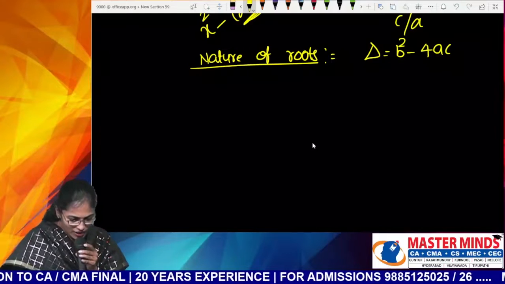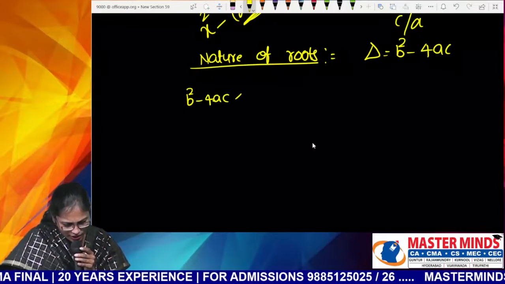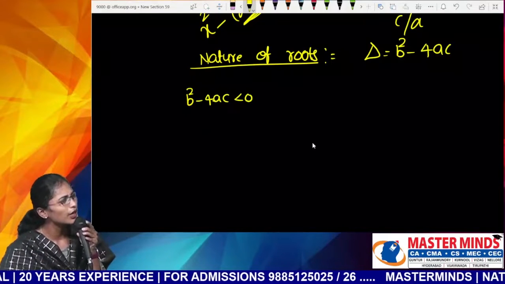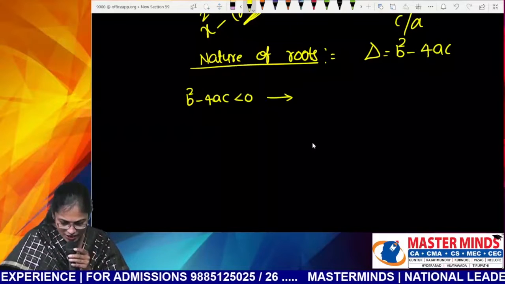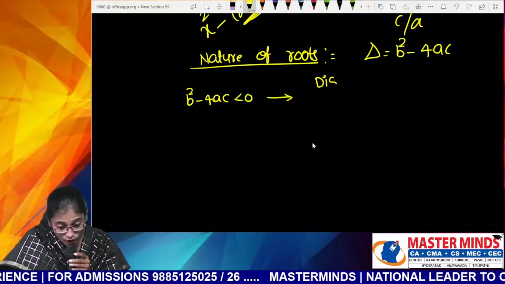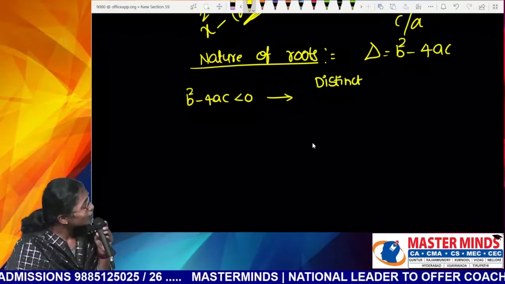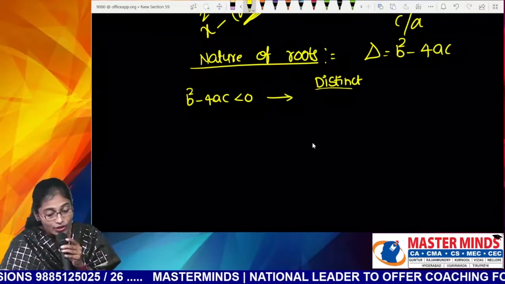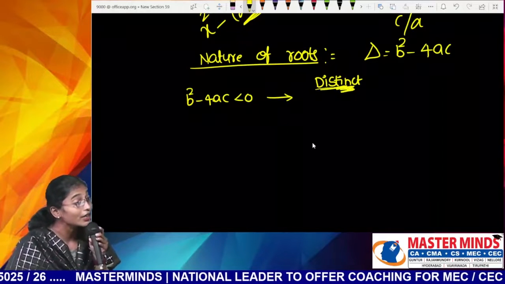So the first case, b square minus 4ac less than 0. Less than 0 means positive or negative? Negative. Whenever b square minus 4ac is less than 0, first of all talk about whether the roots are same or different. The roots are distinct.